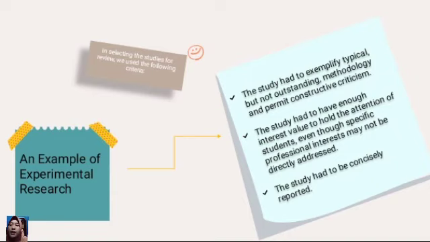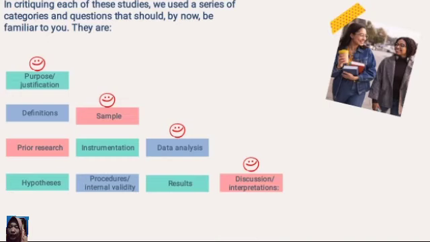And the last is the study had to be concisely reported. Then, in criticizing each of these studies, we can use a series of categories and questions that should by now be familiar to you.